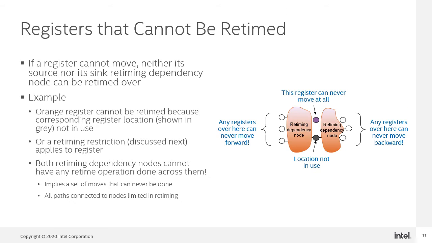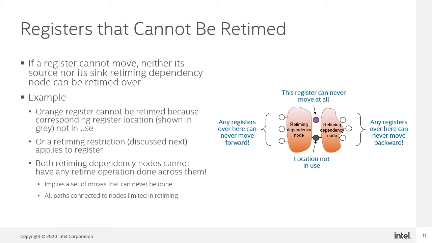The same behavior occurs if the red register did not have a retiming restriction, but the gray register below it was empty. Since there is not a register there to move along with the red register, then the red register is still blocked from retiming forwards or backwards, and again, the retiming dependency nodes on either side are blocked as well.